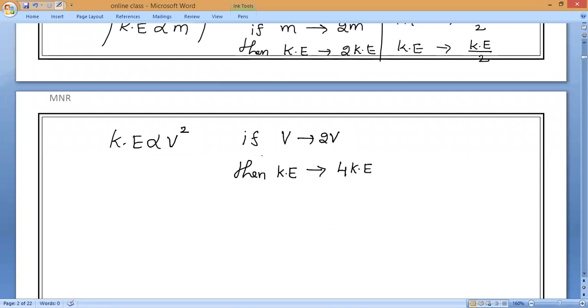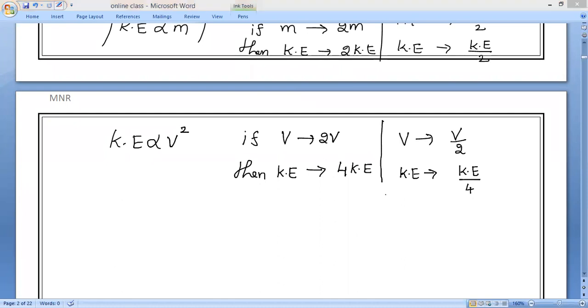If velocity becomes v by 2, reduced to half, then kinetic energy becomes 1 by 4 times. That is what you have to remember. That is what we solved in yesterday's class.